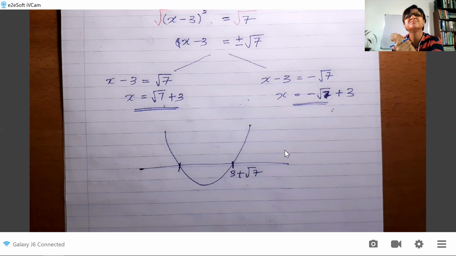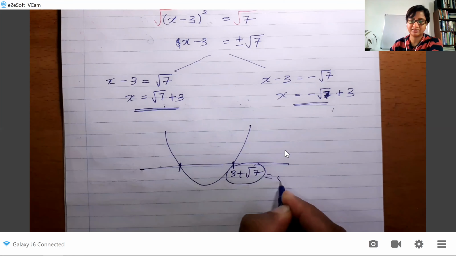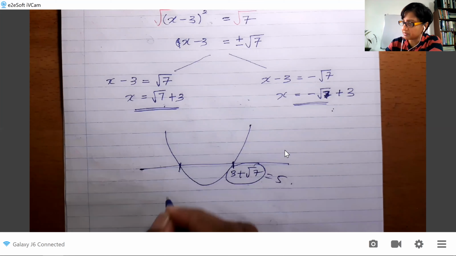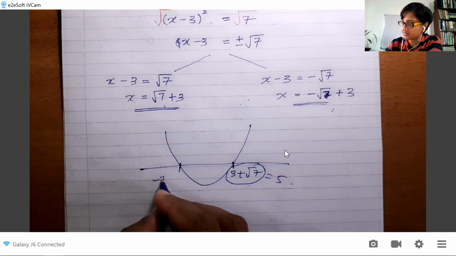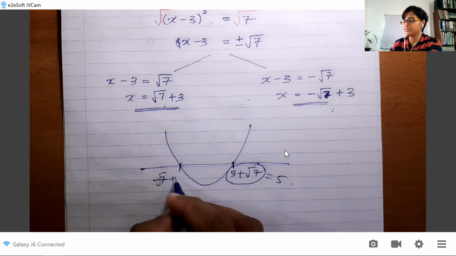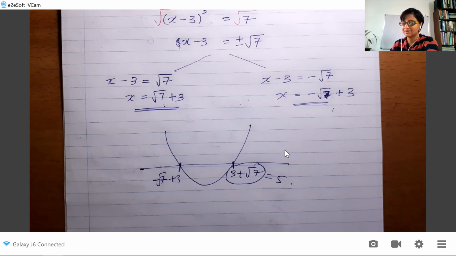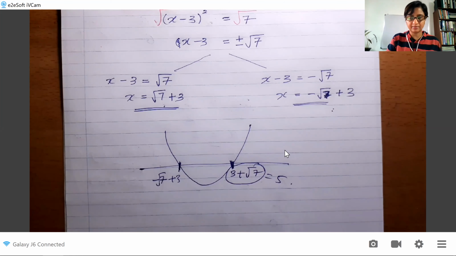It's going to be like 5 point something. And then this would be minus root 7 plus 3. That would be 1 point something, I think. So these two places are those two numbers, right? Okay. Anyway, let's go back.